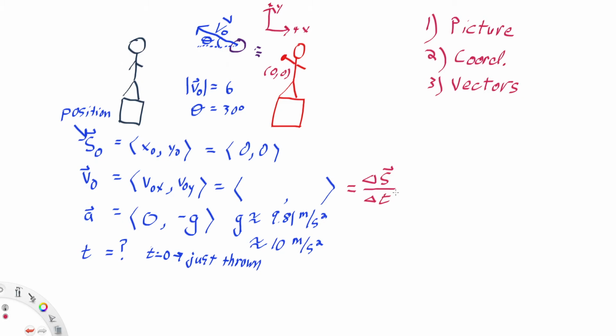So velocity is the rate at which an object changes position. So how much of our velocity is going to be in the x direction? How much of our velocity is going to be in the y direction?